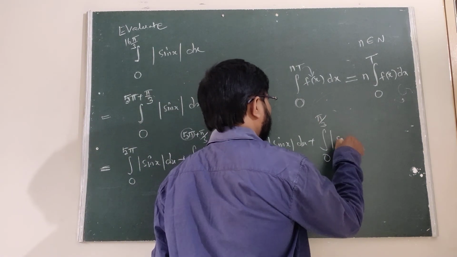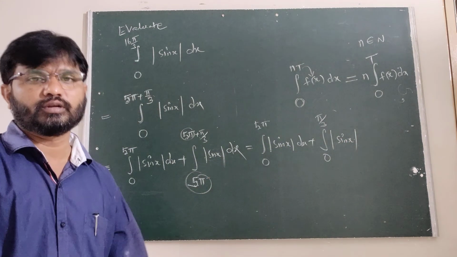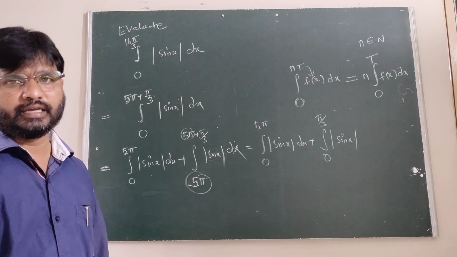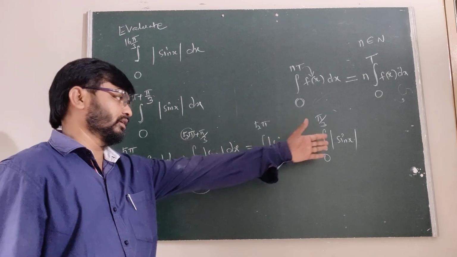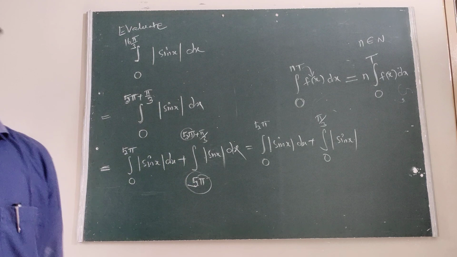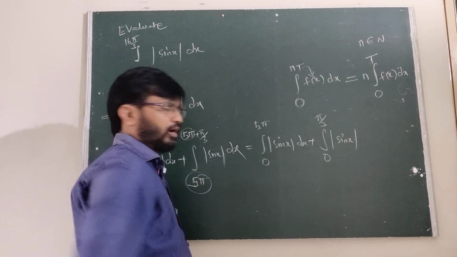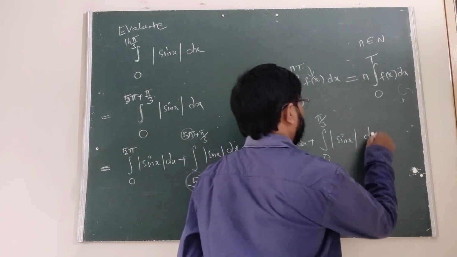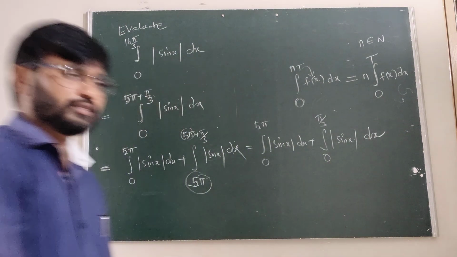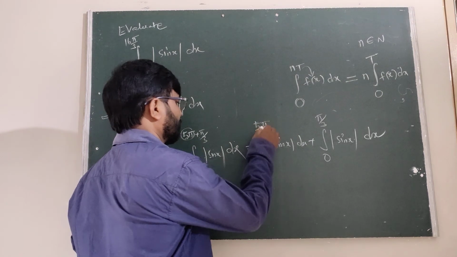Again we get mod of sin x. Are you clear? The mod of sin of 5π plus x is directly the mod of sin x, since we get either plus or minus, it will be their mod, dx.